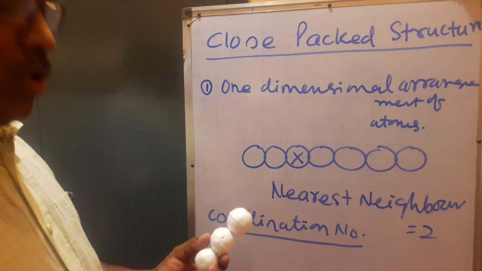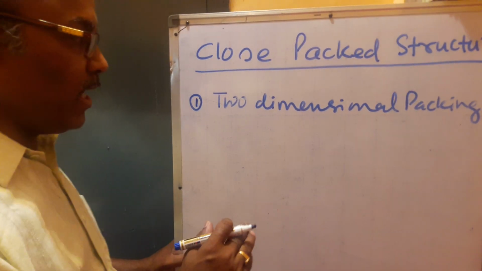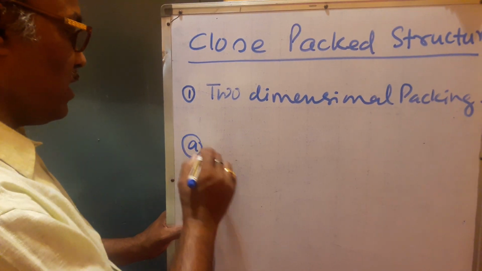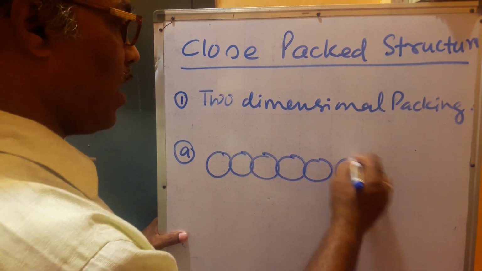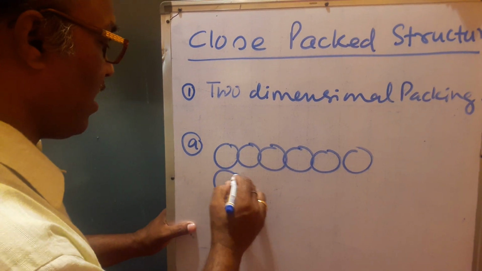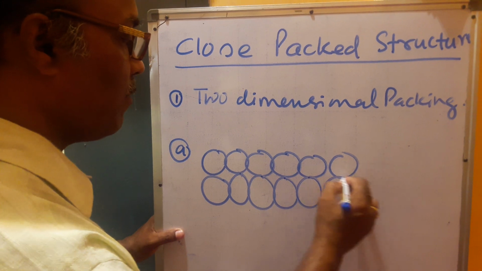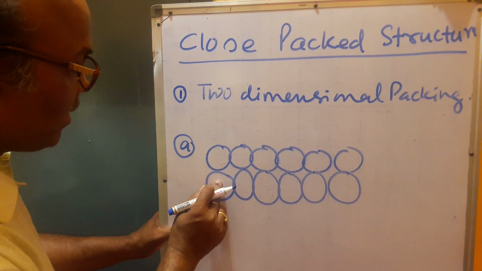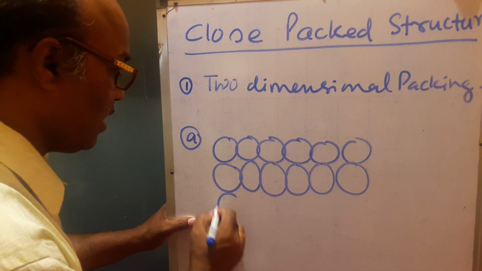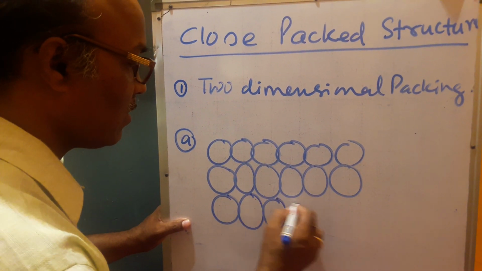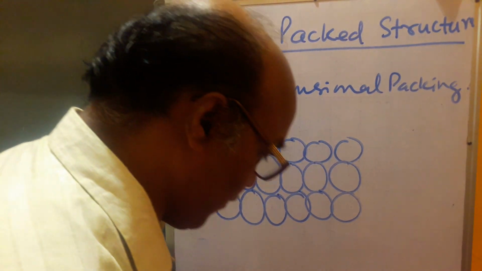Now let us go to two dimensional arrangement. The two dimensional packing can be obtained in two ways. The first is by arranging the atoms in one layer, and then another layer. The second layer of atoms is formed by keeping the points just one over another.